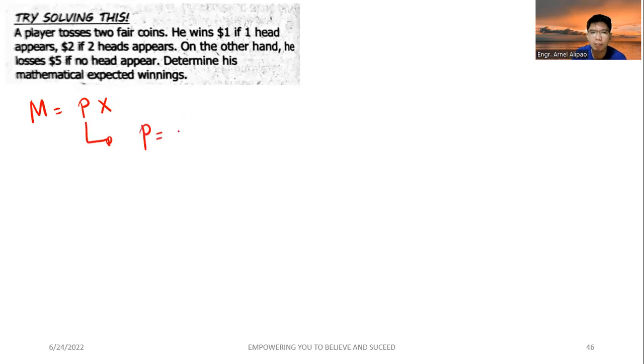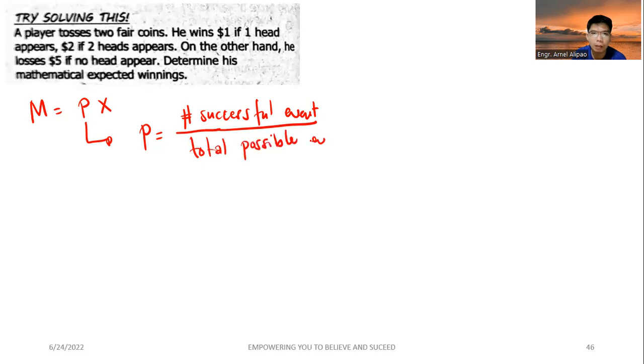Probability is the ratio between the number of successful outcomes or events all over the total possible events. All right, so we should be able to recall that.